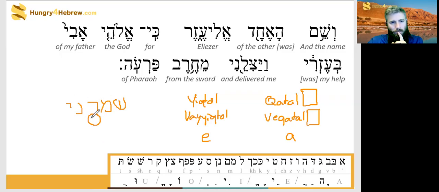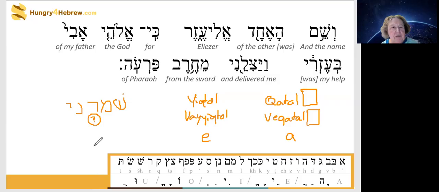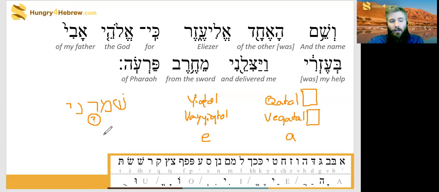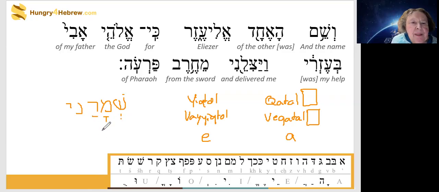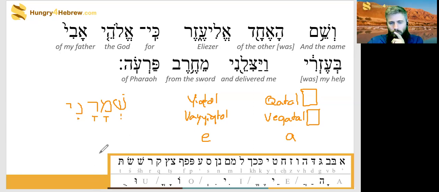What vowel goes here? Some sort of an ah vowel. Yeah. It would be shimarani. Whereas over here, it's shimrani. And the difference is whether it's a prefix conjugation or a suffix conjugation.